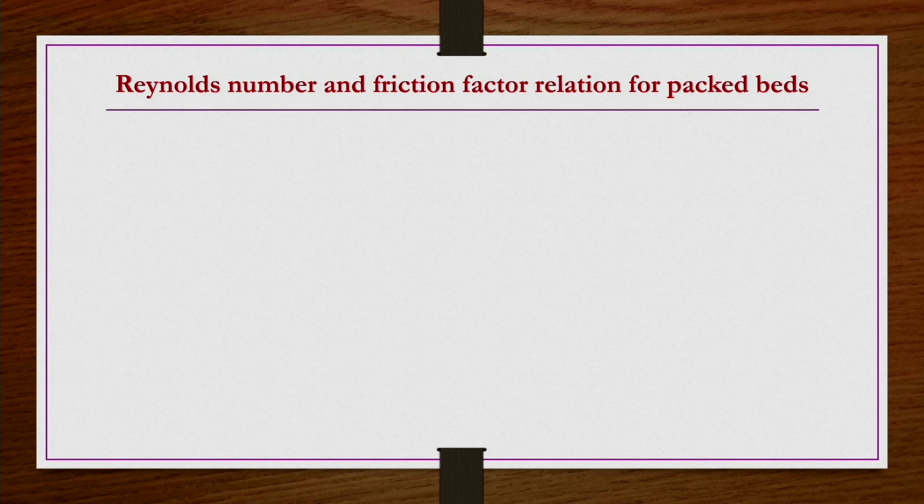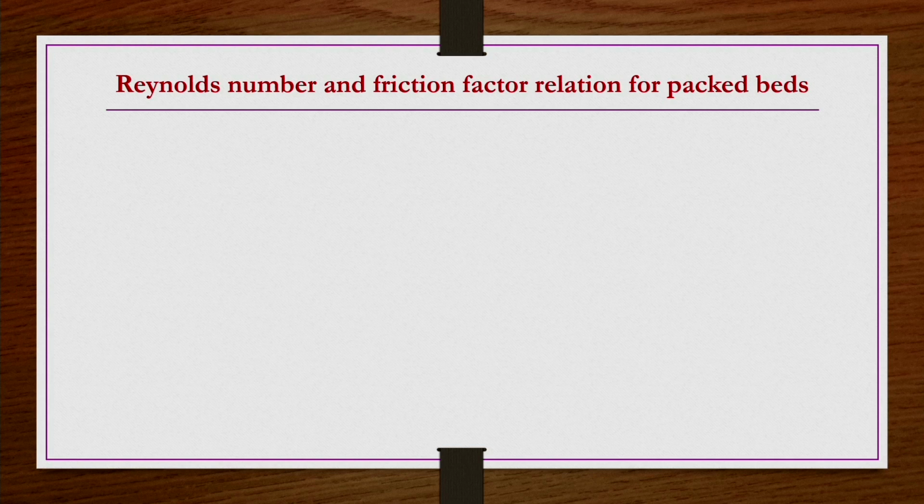Indeed, if you do dimensional analysis on this equation, you will get two dimensionless parameters. One is the friction factor for a packed bed, another one is a kind of Reynolds number. So, before representing this Ergun equation in terms of those dimensionless parameters, we try to write what those dimensionless parameters are for a packed bed.